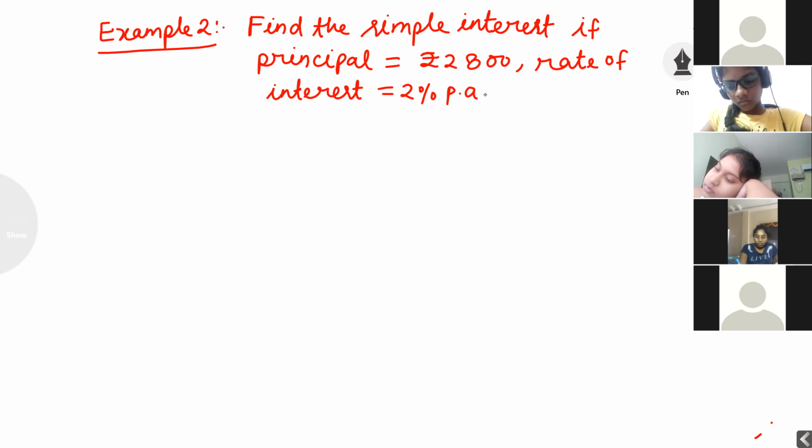What is PA here? What is PA? Per annum, or 1 year. And time is equal to 5 years.